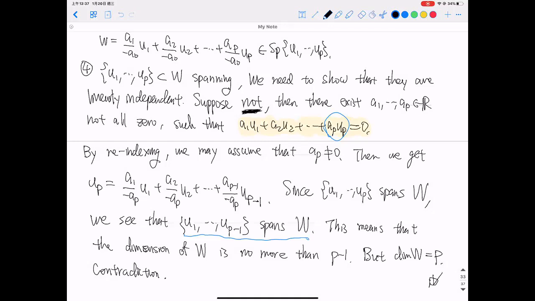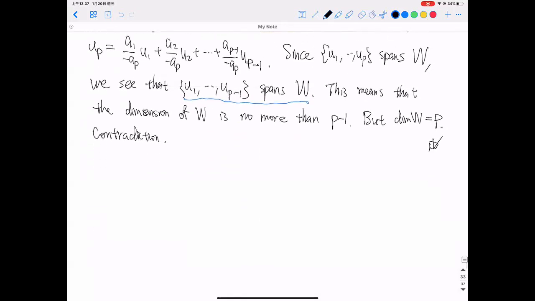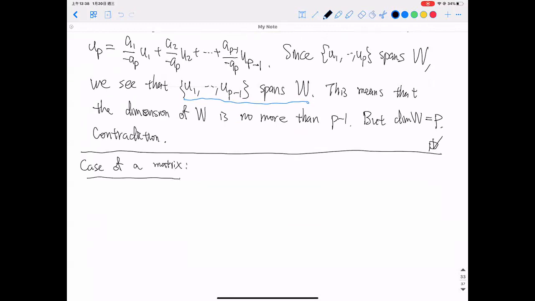Very good. Now let's consider the following situation, the case of a matrix. For a given matrix A, say of size n by n, we've seen a couple of subspaces associated to it.